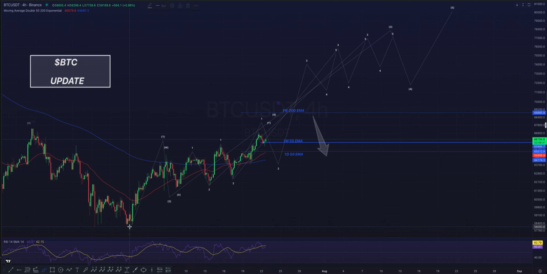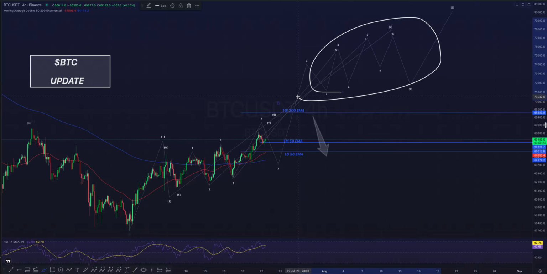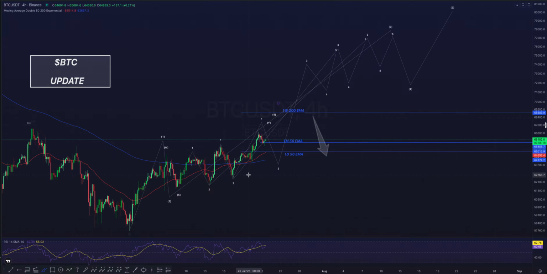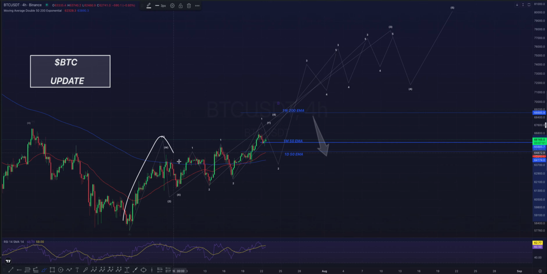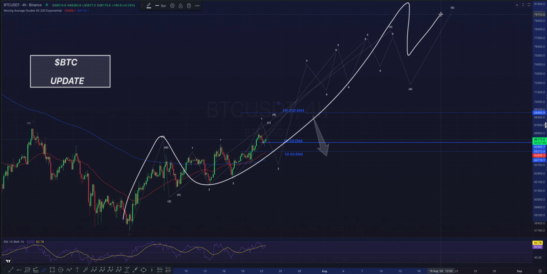We will still follow if this can turn into some kind of a diagonal, but this is something that would need to happen. And until all of these 4-5s are completed, Bitcoin can never again go below any of these waves too. So if Bitcoin goes 1, 2, 3, 4, 5 and gets a correction, it can never go below this one or this one or this wave right here until this whole five-wave move nested is completed.